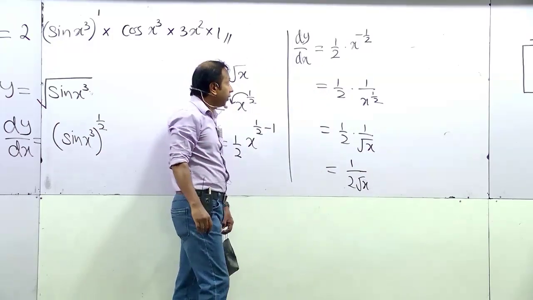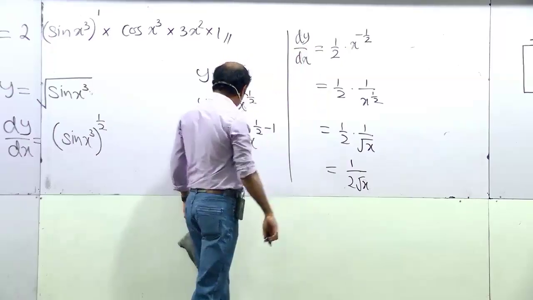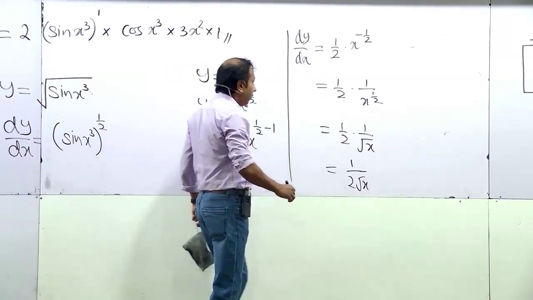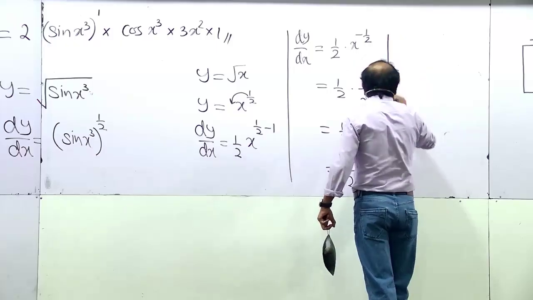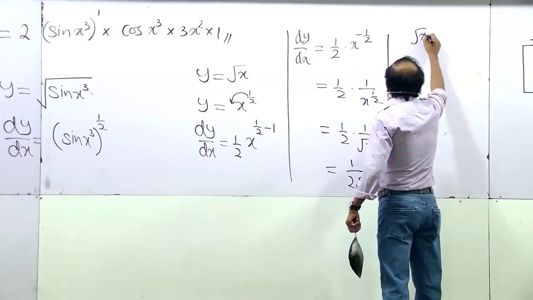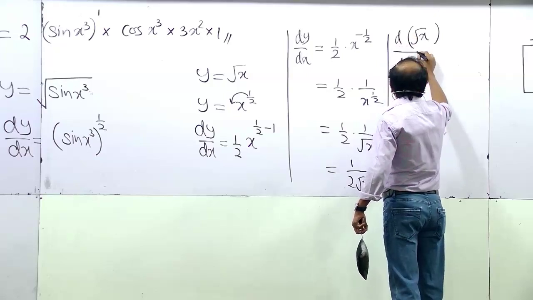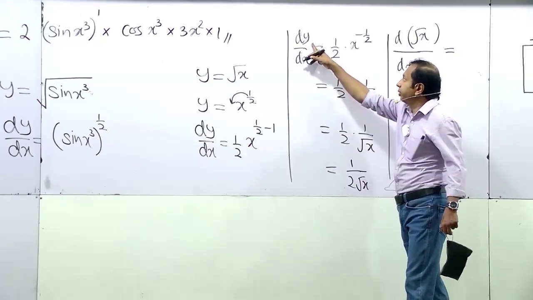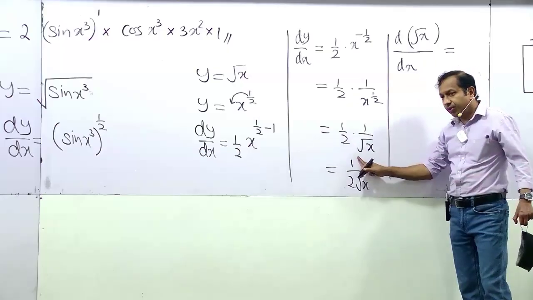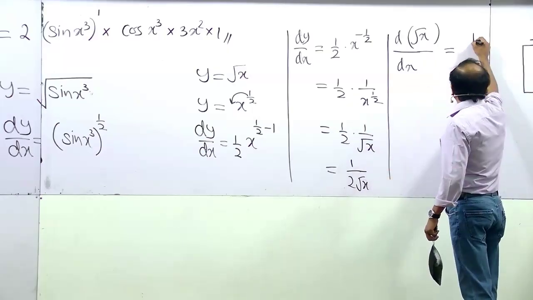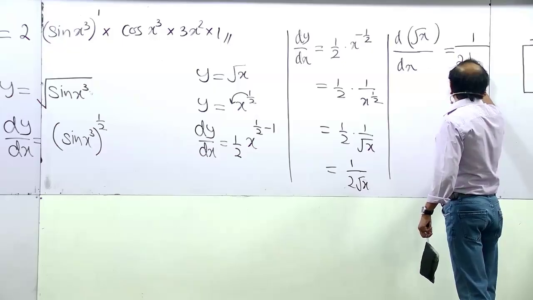So for this y, if I put root x, I can write the result like this. When you differentiate root x with respect to x, because this y is root x, what is the answer we get? 1 over 2 root x. People, remember this result.